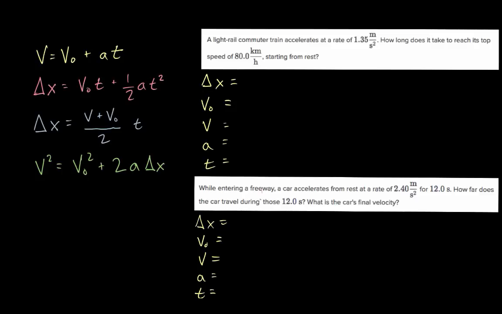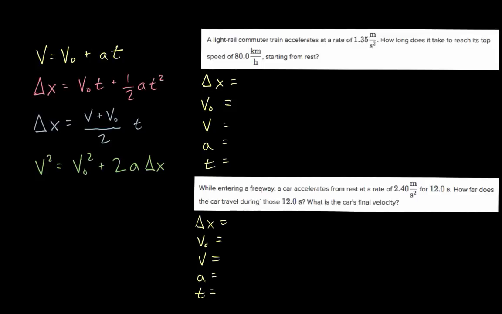So with that out of the way, let's dive into our example here. So the question says, a light rail commuter train accelerates at a rate of 1.35 meters per second squared. How long does it take to reach its top speed of 80 kilometers per hour starting from rest? All right, so let's unpack this and see what it's saying.